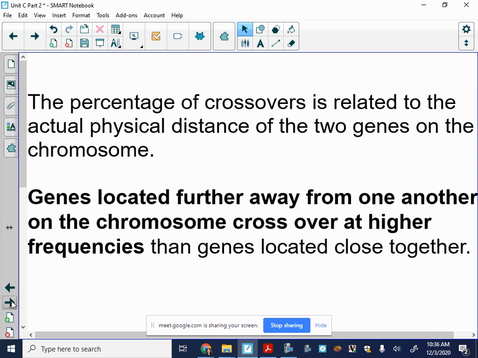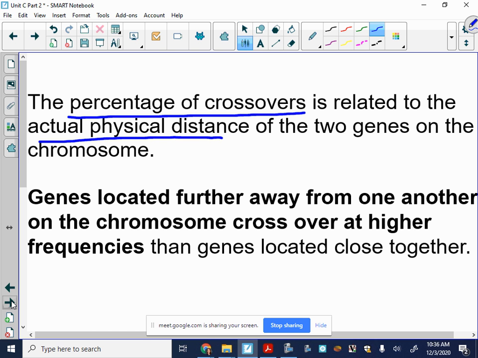The percentage of crossovers is related to the actual physical distance, meaning the farther away genes are from each other, the more often they're going to cross over compared to genes that are close together.